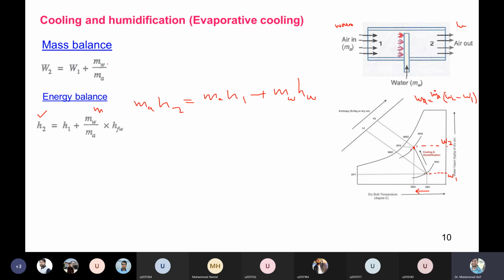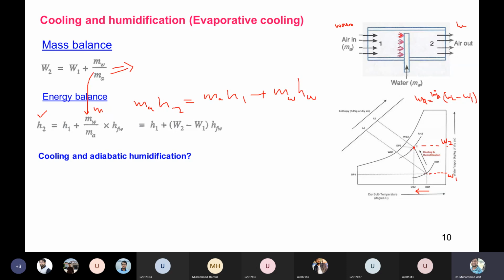From here Mw by Ma will be equal to W2 minus W1. So if you simplify that, then you will get H1 plus W2 minus W1 into hfw. So this is how you can figure out the enthalpy of the outgoing air.